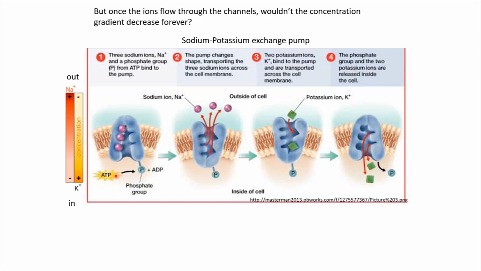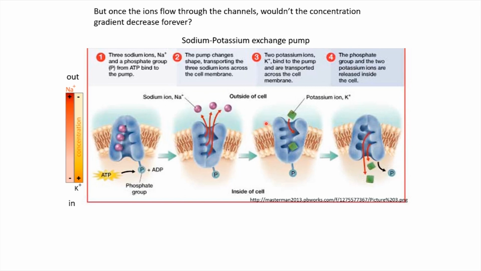A phosphate from the ATP binds to this protein, the pump, and 3 sodium ions also bind to it. With the binding of this phosphate group from the ATP, the configuration of the pump changes. The protein opens up towards the outside and throws out the sodium ions.